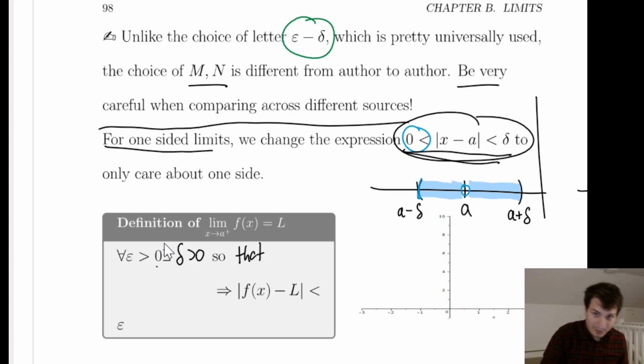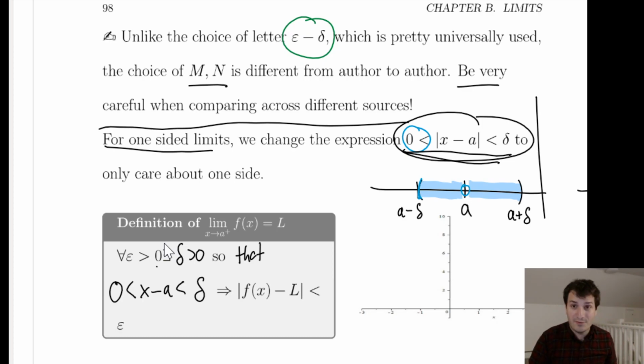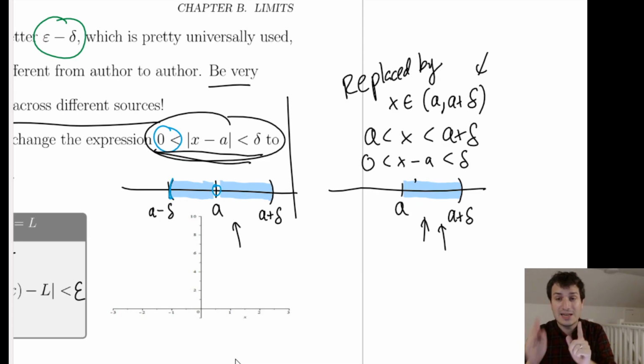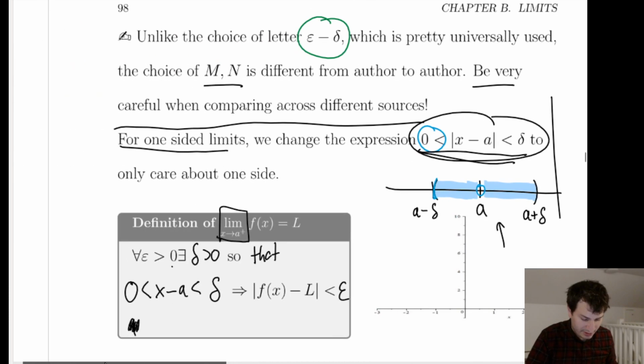But instead, I'm going to write it like this: 0 < x - a < delta implies |f(x) - L| < epsilon. Look, the absolute value got deleted over here. So this is exactly what the limit as x goes to a+ means, the right limit. We've just taken the ordinary limit and replaced this interval by the interval of numbers containing just things to the right of a.